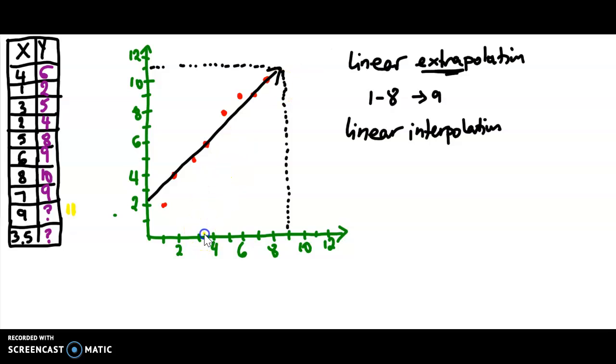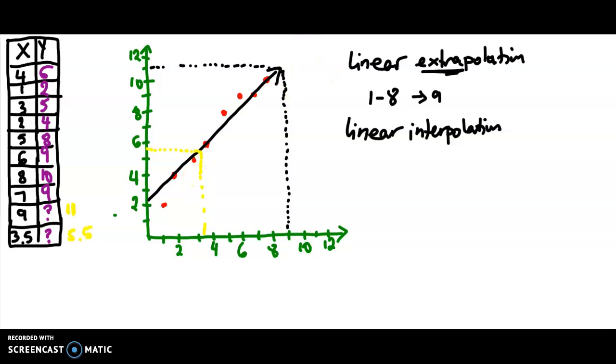So let me go and trace it, and it corresponds to about 5.5. So these are the values that I got by using my line of best fit as a guide.